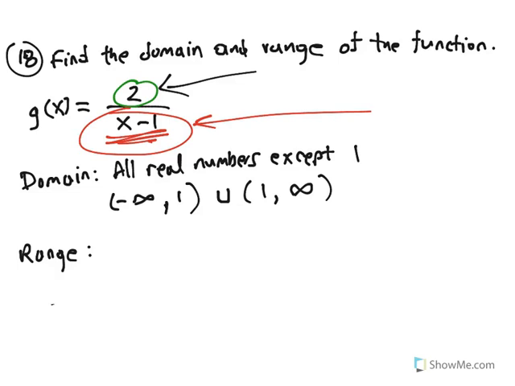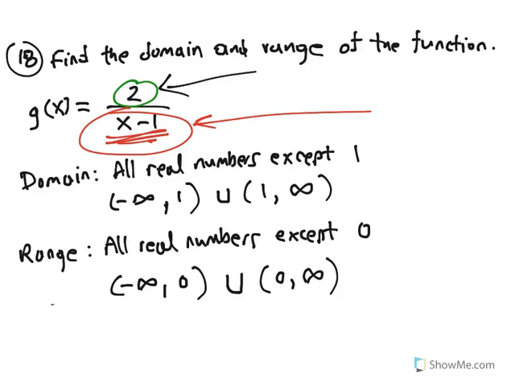If you divide 2 by a very small positive number, you'll get an extremely large output value. Or it could be negative with a magnitude that's very large. So for example, if you divide 2 by a very small negative number, you'll get a negative output value with a large magnitude. So for that reason, the range is all real numbers except 0. You can write that in words, or you can write that using interval notation.